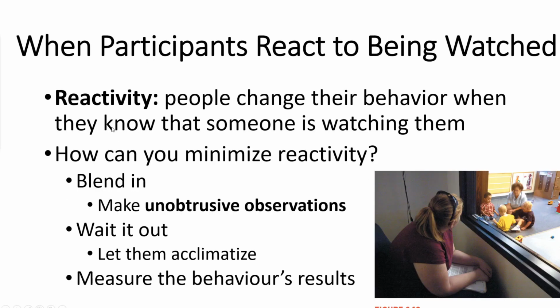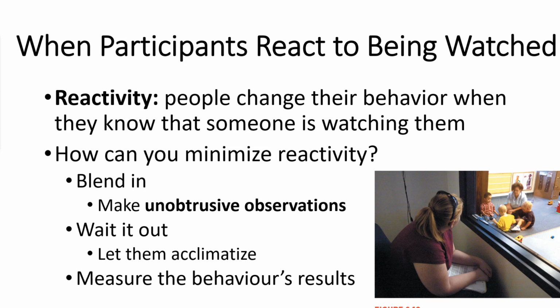Next, we want to consider another problem with studying people and other animals, and this is reactivity. So we've talked about the fact that people change their behavior when they're observed. So if you know someone is watching you, you're going to act differently. So maybe if somebody is watching you eating at a buffet, maybe you're going to eat less because you don't want to look like a pig.